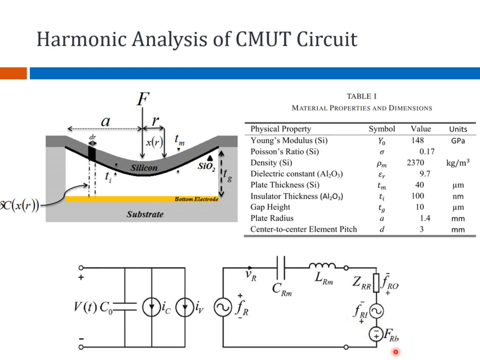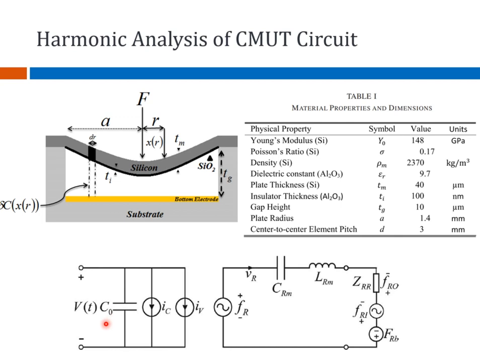Then you have static pressure because of the ambient force. LRM, the acoustic analogy of this inductance, is the mass of the plate, so it stays fixed. VR is the particle velocity on the surface of silicon, and depending on the particle velocity and the radiation impedance, you have a measure of how much power is being coupled to the medium. Okay.